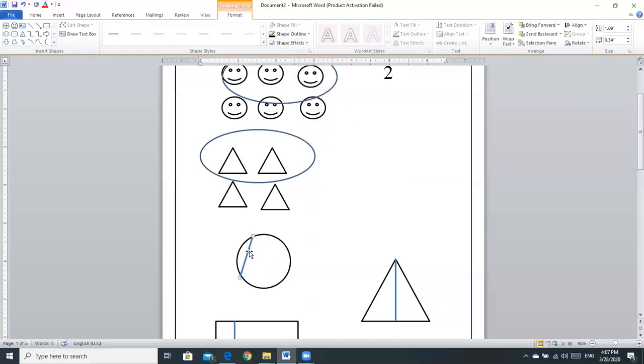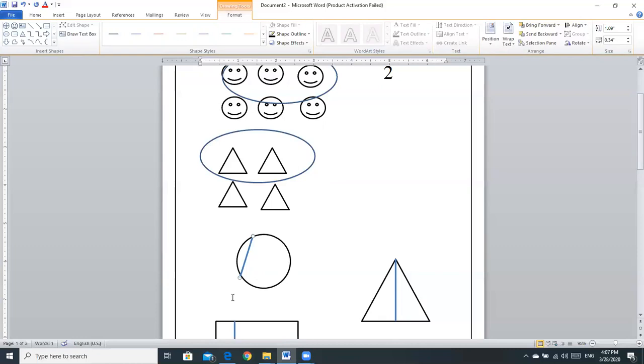Because half means 2 equal parts. What I take equals what I leave. Is this 2 equal parts? No. Can my sister and I divide a pizza between both of us, and I take this part and my sister takes all this part? Is this fair? No. So it's not half.